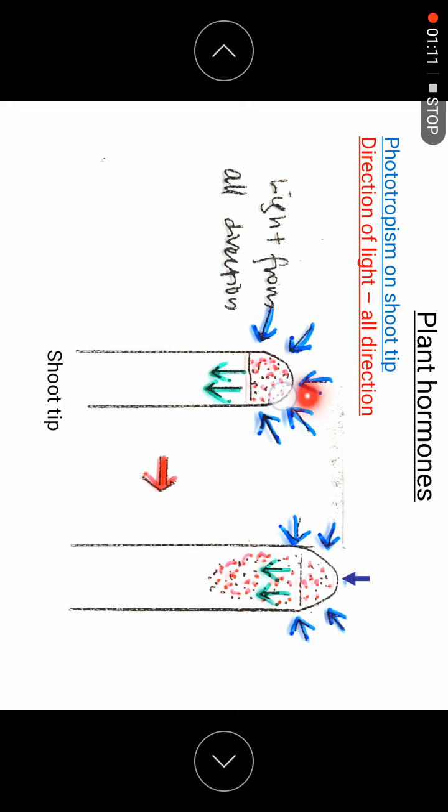So one property of auxin is that it will go away from light. If the light is here, it will diffuse down to the place where the light is not much. After it reaches a suitable concentration, it will grow.